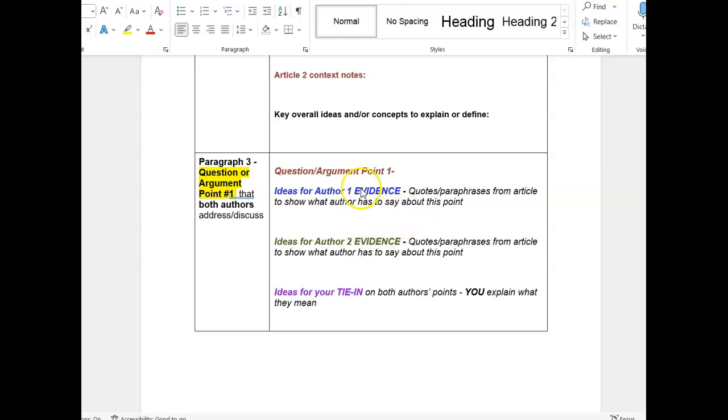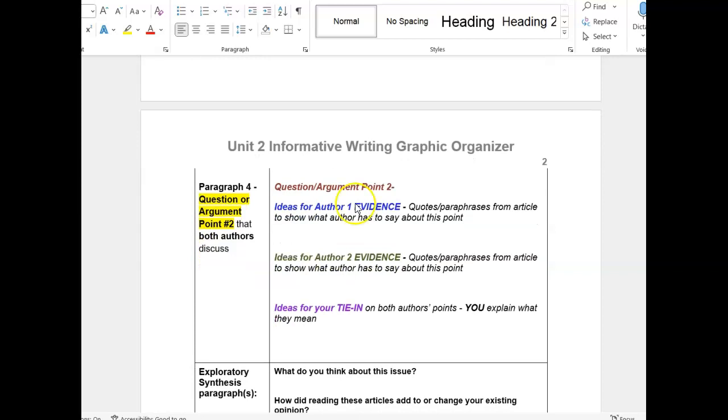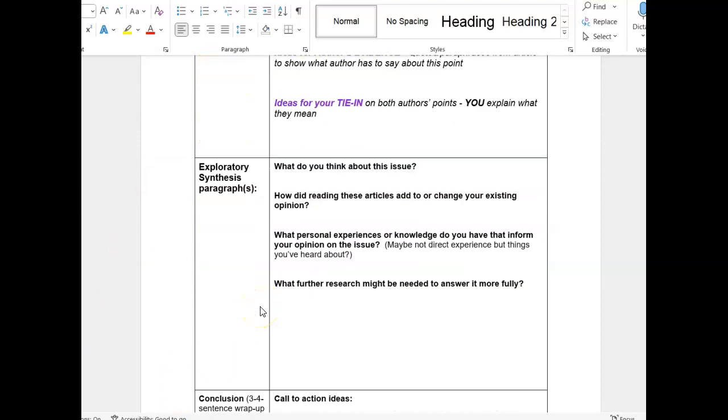And then whatever the first author says about it, put here. Whatever the second author says about it, put here, with quotes and paraphrases from the article to address what exactly the article says in answering this question or argument point. And then explain what they mean. So these are your ideas for your tie-in, like what are these authors saying? And you're going to do the same thing for paragraph 4.